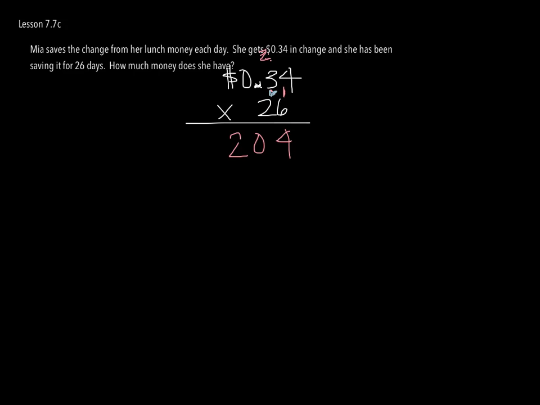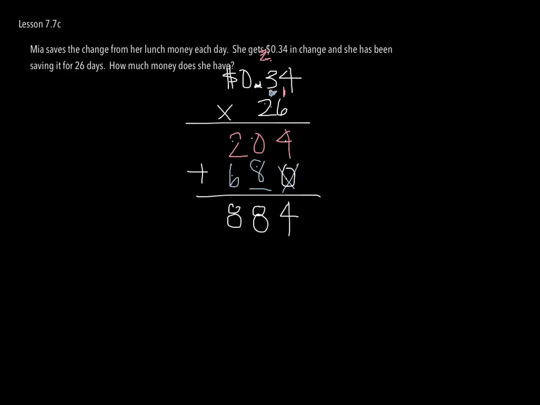Now I'm going to multiply by the tens column, so I'm going to have to make sure I start off in the tens column in my response. 2 times 4 is 8, and then 2 times 3 is 6, and now I'm going to add those together. 4 plus 0 is 4. 0 plus 8 is 8. 2 plus 6 is 8.